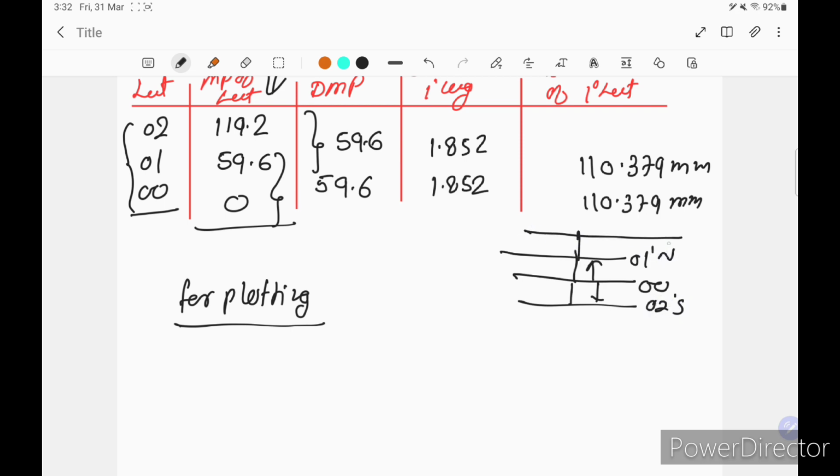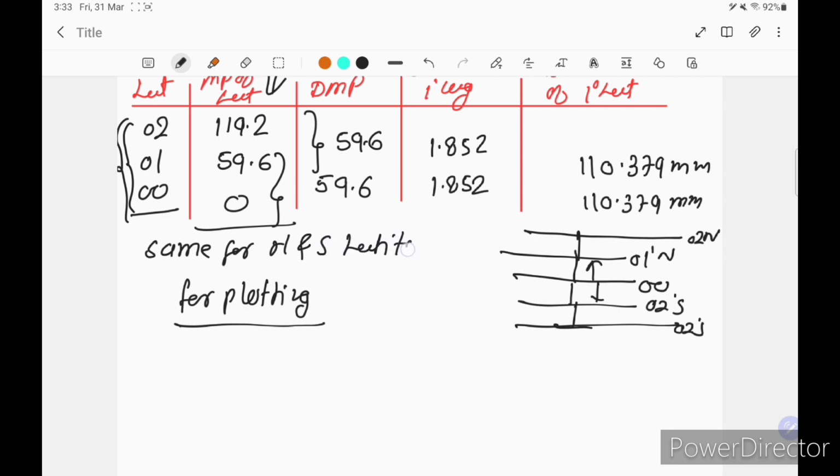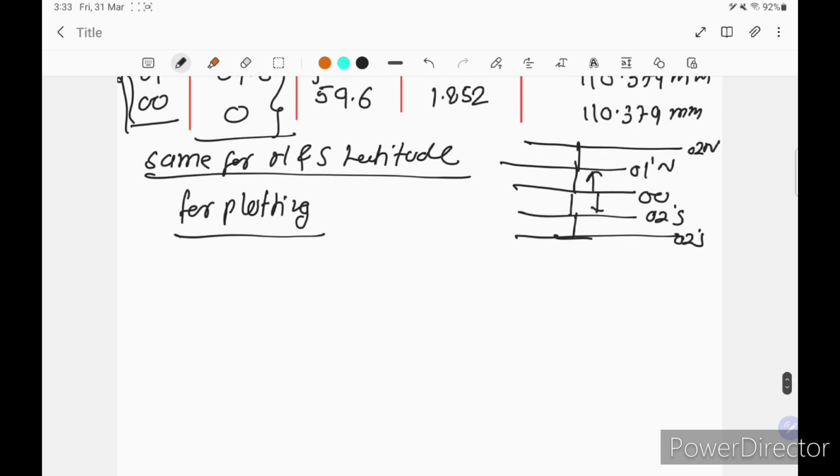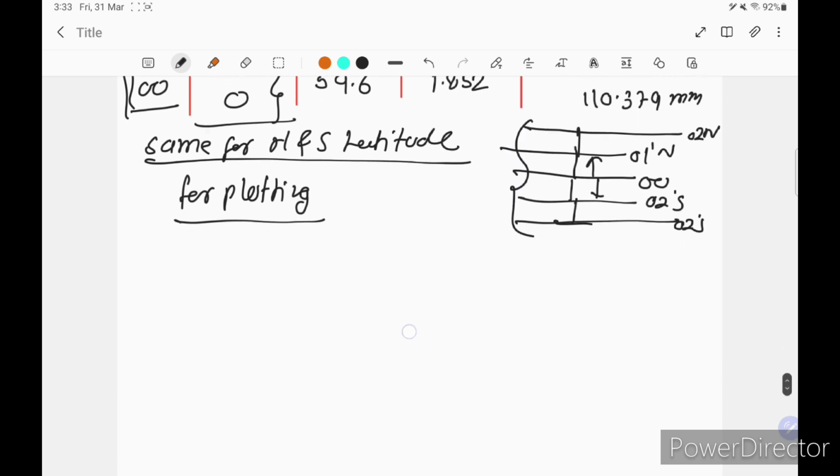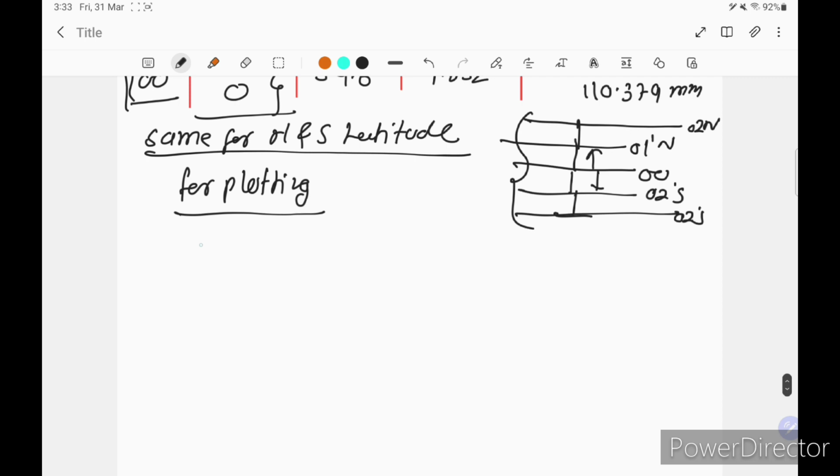Okay, this is also the same distance. So we calculate this for both, the same for north and south latitude. Okay, so no need to calculate individually. This understood?